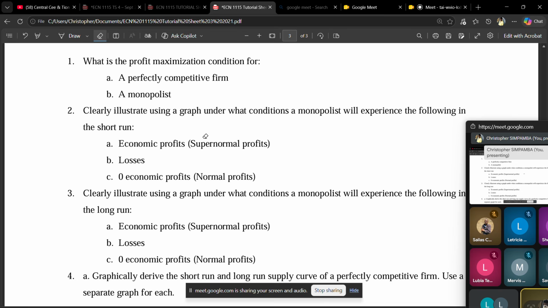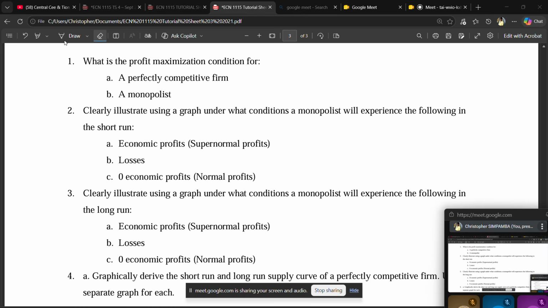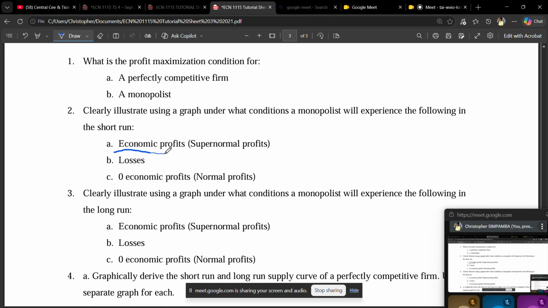All right. Question 2 was saying clearly illustrate using a graph under what conditions a monopolistic firm will experience the following in the short run. The first one is where a monopolistic firm is going to experience economic profit, supernormal profits.